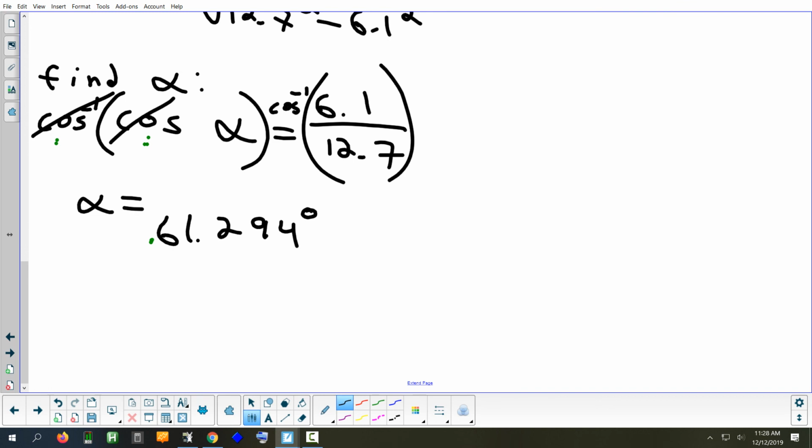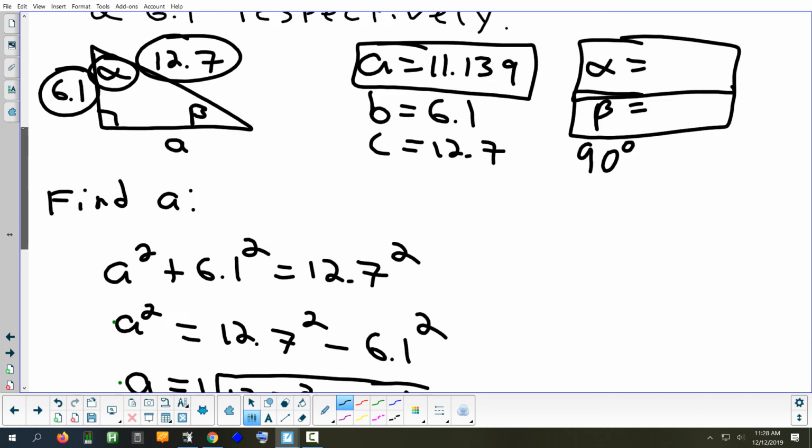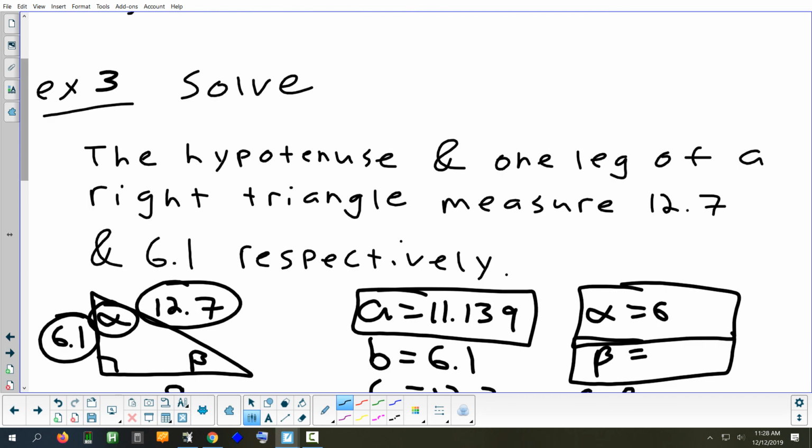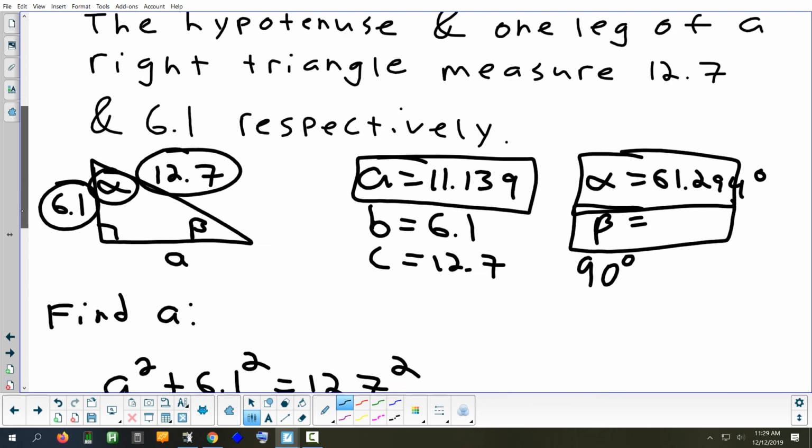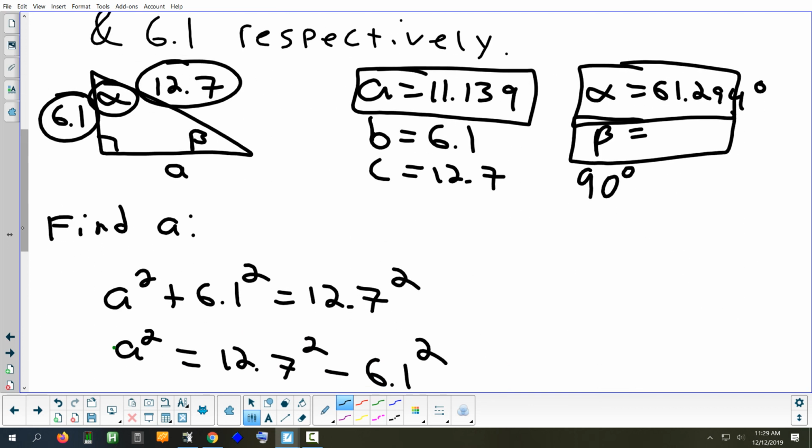Anytime you do inverse trig, your answer has to have a label. It's either radians or degrees, one of those two. So inverse trig is always used when you want to find an angle. That's what it's used for.